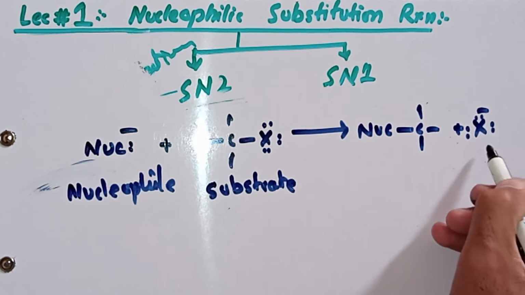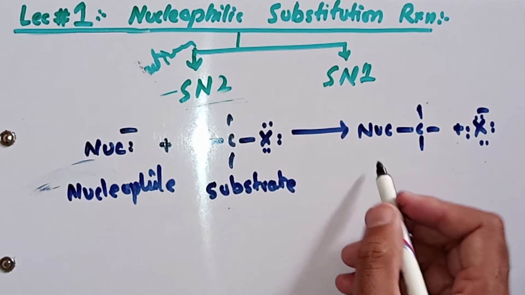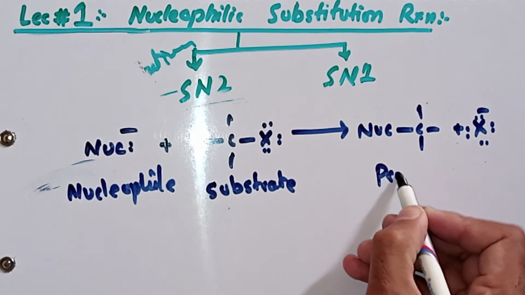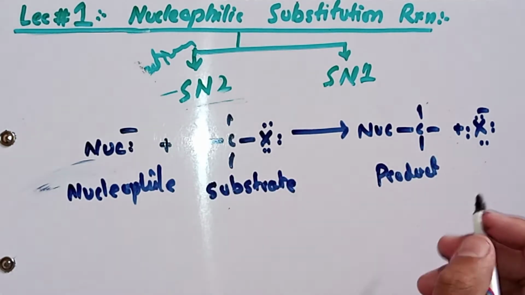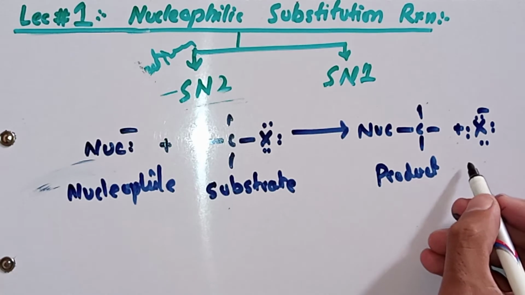This is the product of the nucleophilic substitution reaction, while this is called the leaving group.